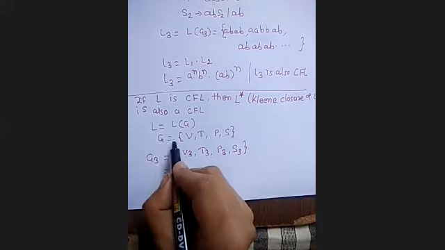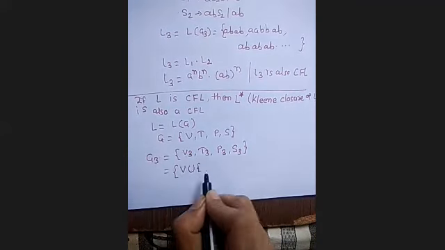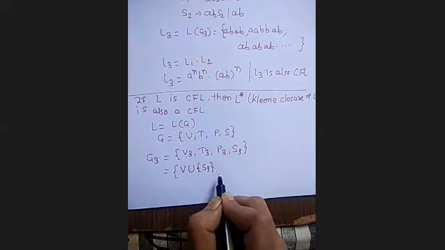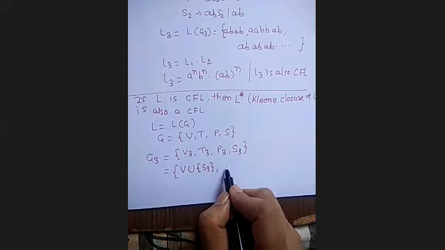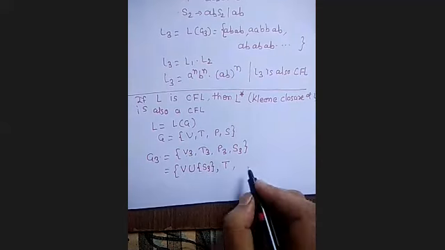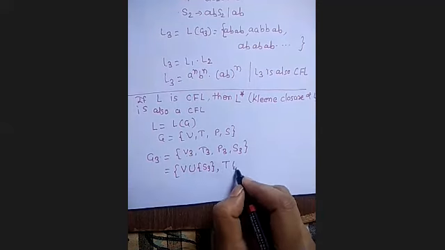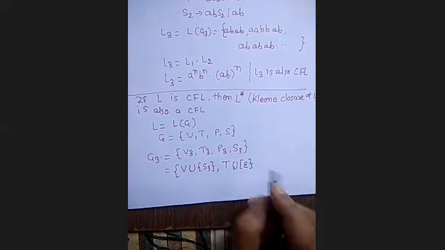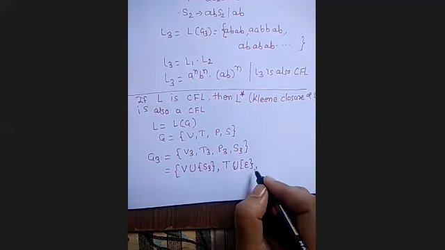So here V3 set will be what? We have to take the closure of this. So it is V union, we are going to add the new non-terminal S3, V union S3. Then T3 is T only. Terminal set is same. Or we have to add epsilon if epsilon is not there, as we are going to take the closure. Closure also contains epsilon, that you know. So T union epsilon.